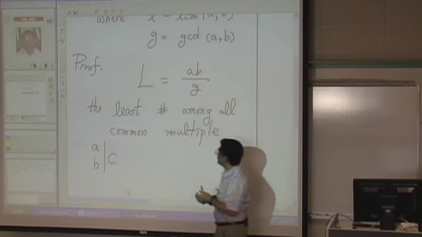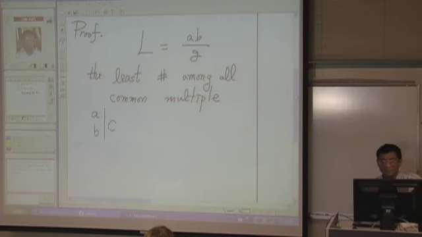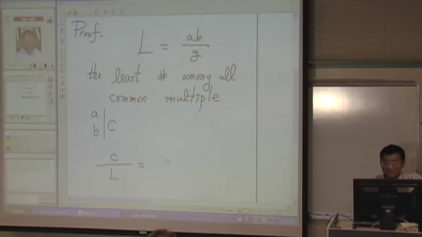Then we can consider this C over L, and C over L is nothing but C over AB over G, right?